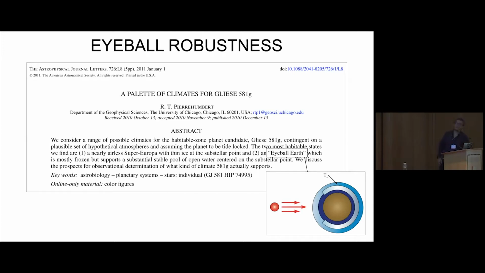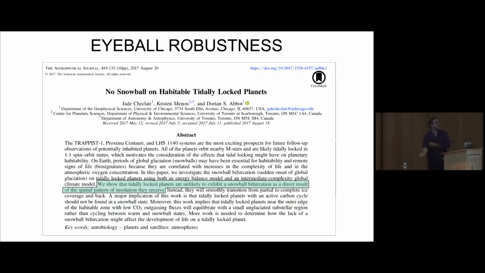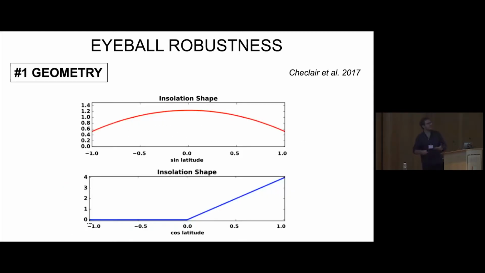And so there are a few arguments that have been advanced to explain why this eyeball planet or this aqua planet may be super robust. The first one has been advanced by Jade Schöckler, who is in the room. I don't know where she is. But she actually showed that due to the geometry of the insolation received by a synchronous planet, on the top of this graph you have a typical insolation received by the Earth, and at the bottom you have the insolation received by a synchronous planet.